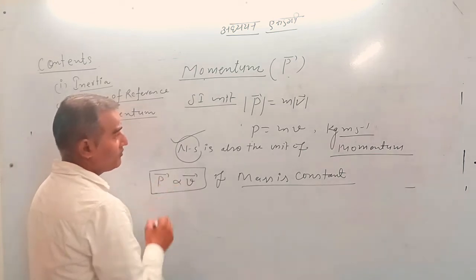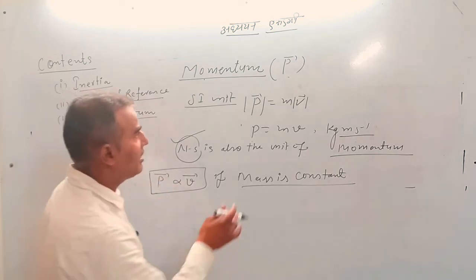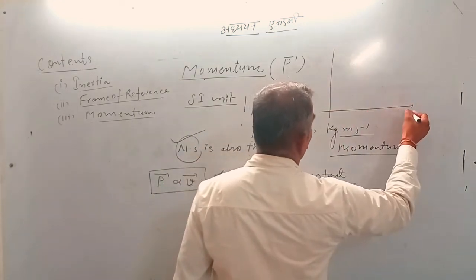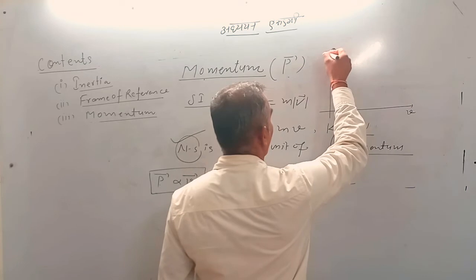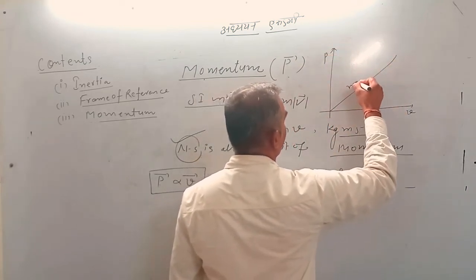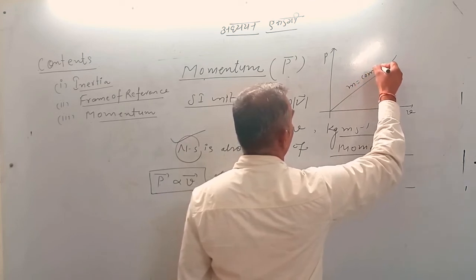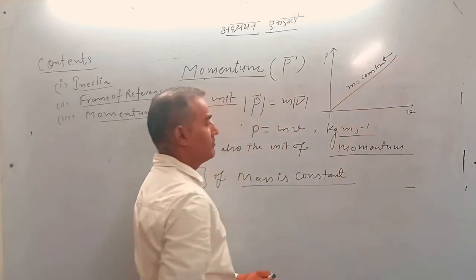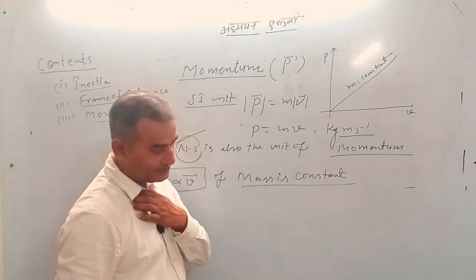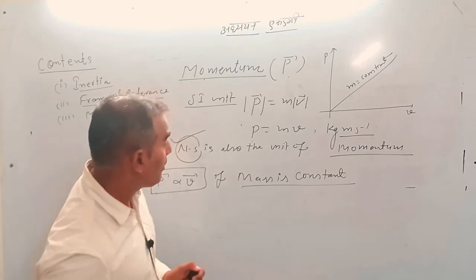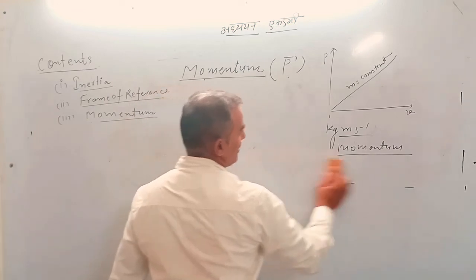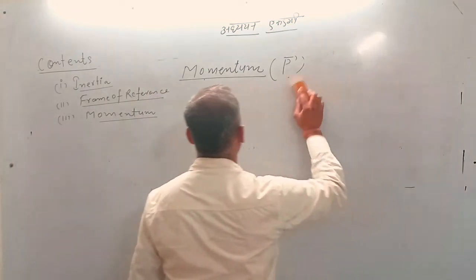P proportional to V means velocity बढ़ाएंगे momentum बढ़ेगा. इसका जो ग्राफ बन जाएगा, velocity versus momentum, यहाँ पे मास आपका कांस्टेंट होगा.